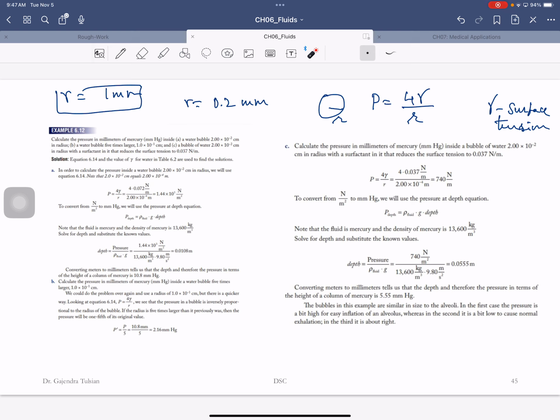All right. So the first one, part A, I'm going to write the numbers down. And again, you don't have to know every step of the details, but I want you to know the results. So the first is a water bubble. The radius is 0.2 millimeters, the size of the alveoli. Gamma, the surface tension of water, is 0.072 Newton per meter.